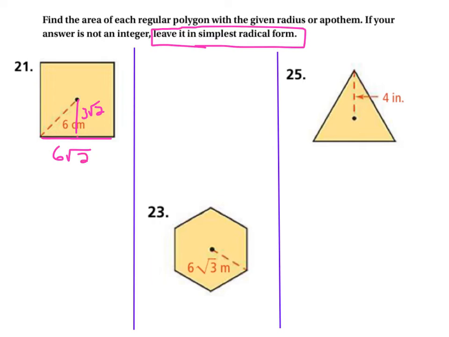Okay, so for the area of this polygon, we've got a perimeter. The perimeter, remember, is the side length, 6 root 2, times however many sides there are, 4. So the perimeter is equal to 24 root 2.